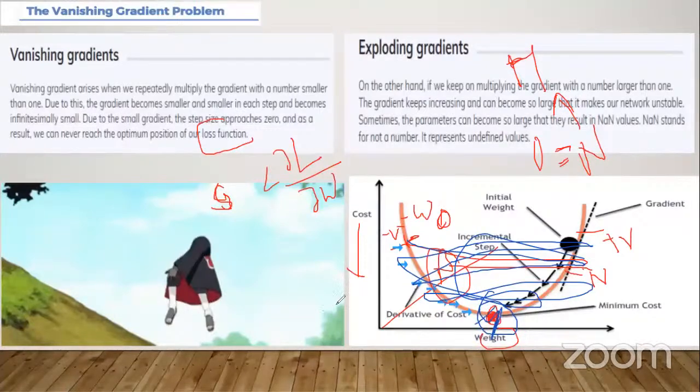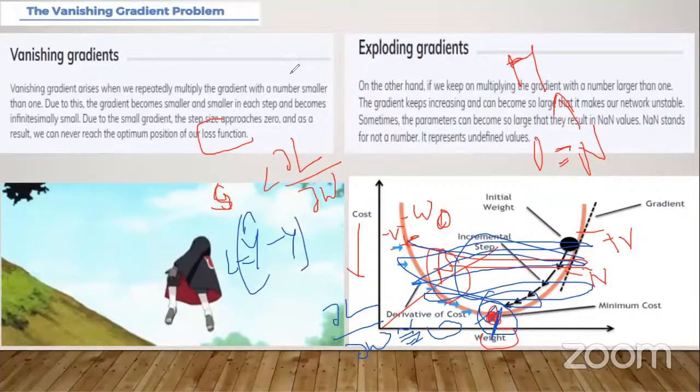This is the point where the derivative of the loss function with respect to weight is equal or almost equal to 0. That is our main aim, because we have to reduce the difference between actual and predicted, so we reduce the loss. And that was the issue with exploding gradient descent.